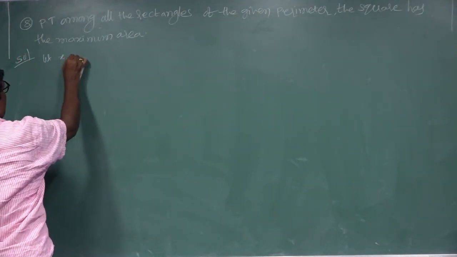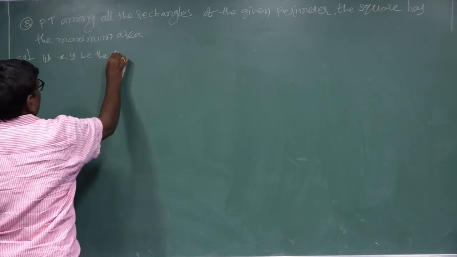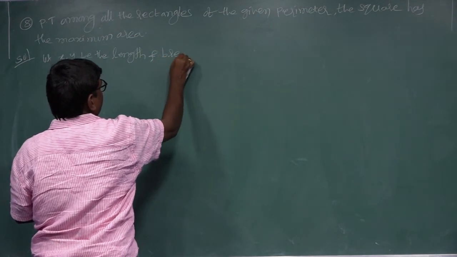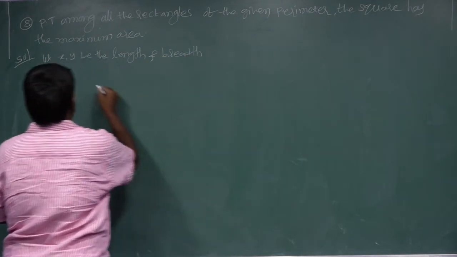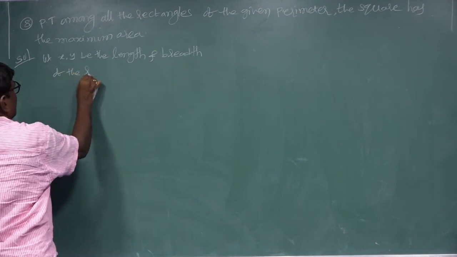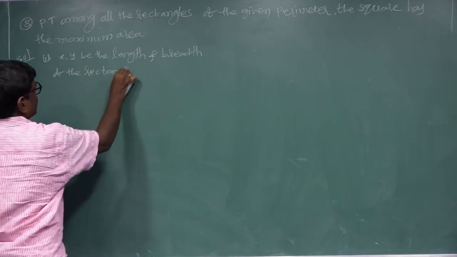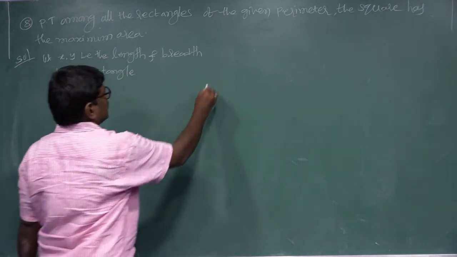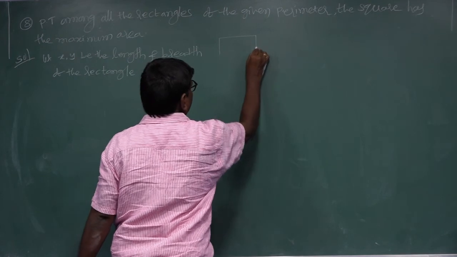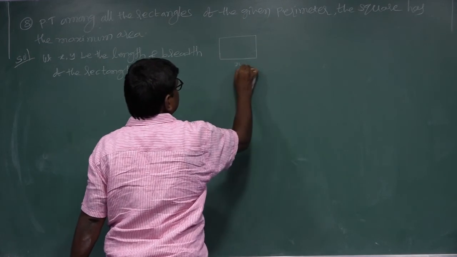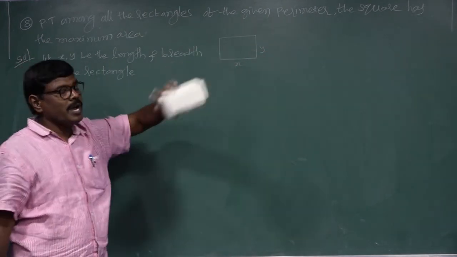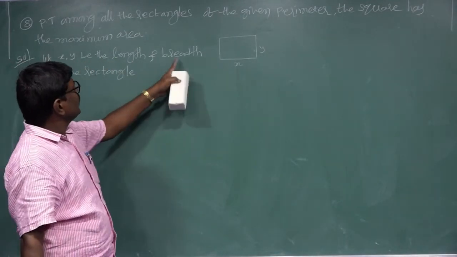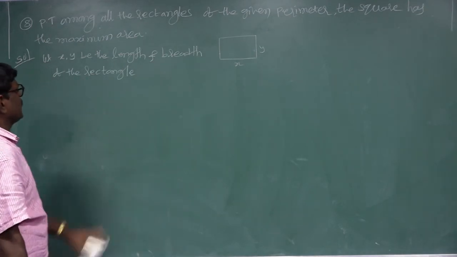Let x comma y be the length and breadth of the rectangle. This is a square. This x comma y be the length and breadth of the rectangle.